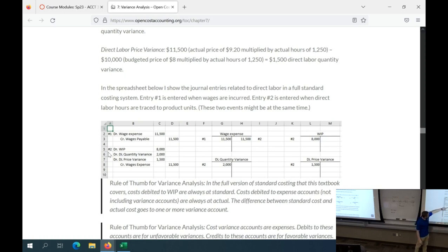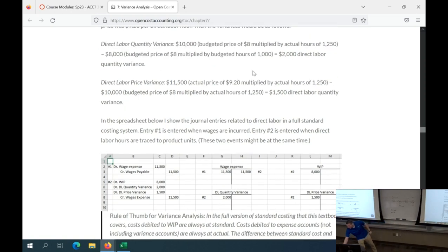Okay, so the way this works is you could very simply say, I know my actual costs, and based on the standards of $8 direct labor price times 1,000 hours as the standard quantity, I have $8,000 here. With direct labor, that presents a problem. It's not true for direct materials.